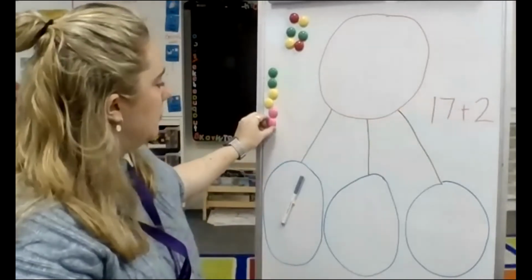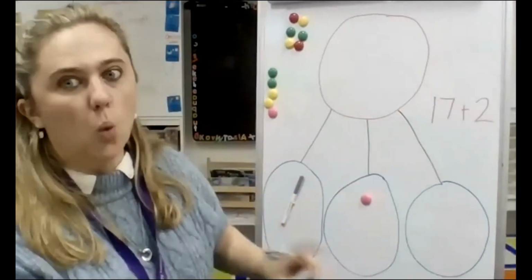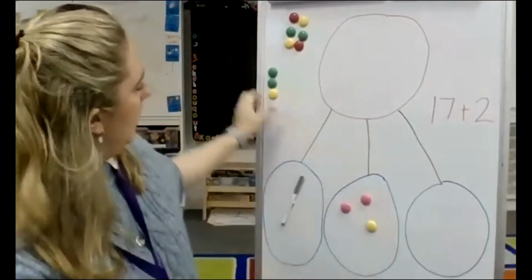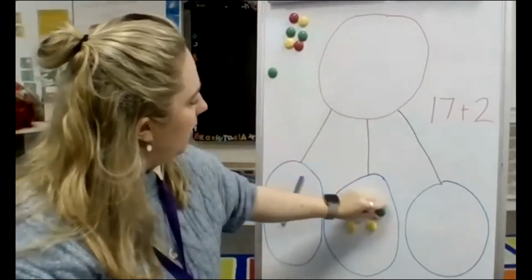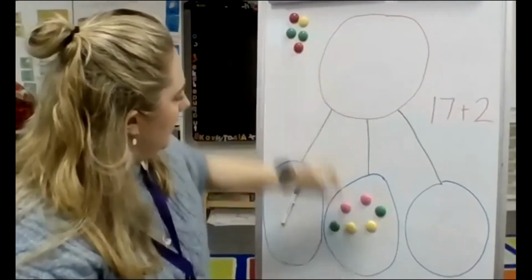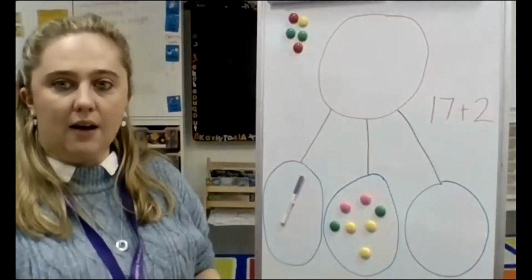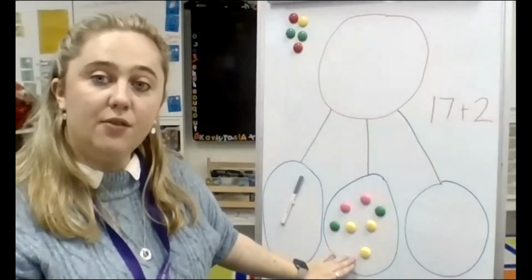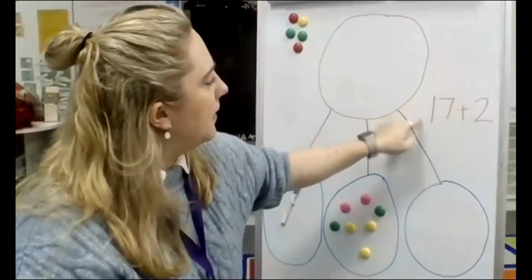Well done. So I'm going to put 7 ones in here. 2, 3, 4, 5, 6, 7. So I have 1 ten, 7 ones, just in that one number there.